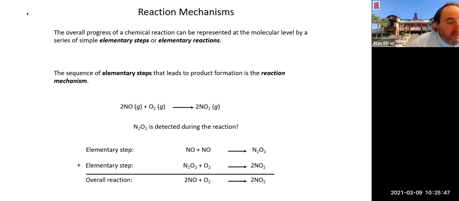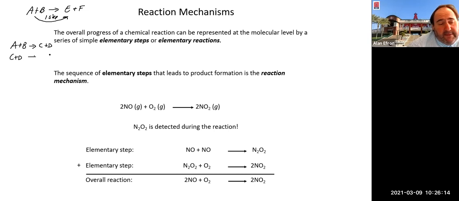When we write A plus B makes E plus F, we sometimes think of it as a one-step process, and that's not always the case. We could have a reaction where A plus B makes C plus D, then C plus D react to make E plus F, in a step 1, step 2 type process.